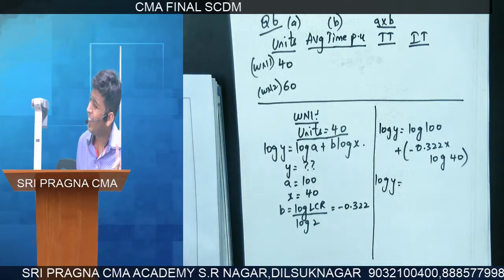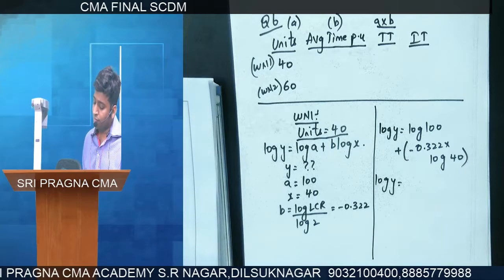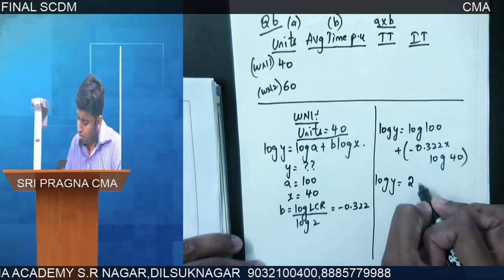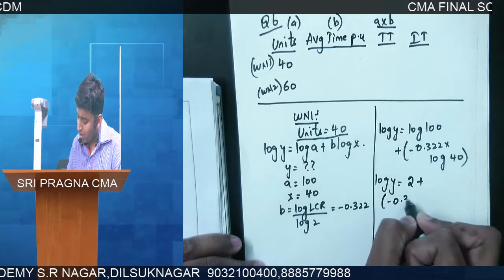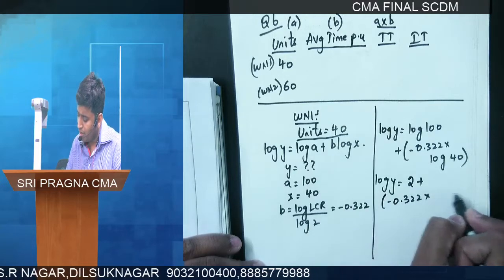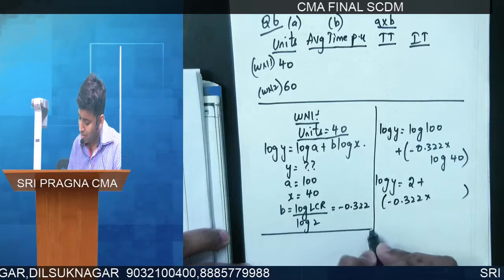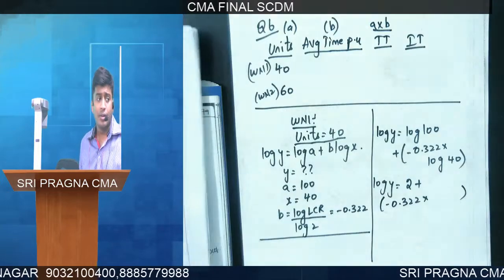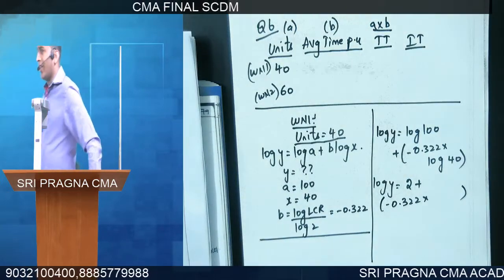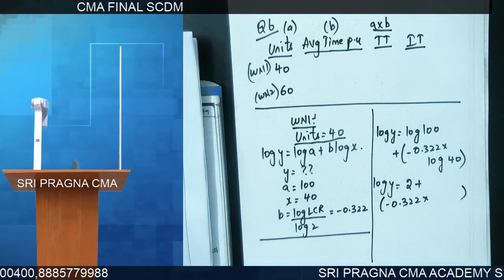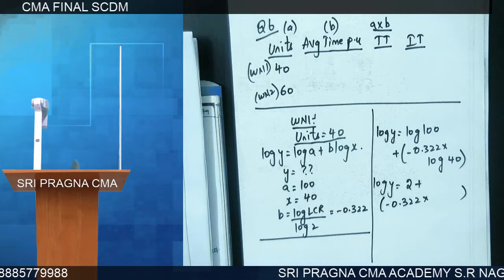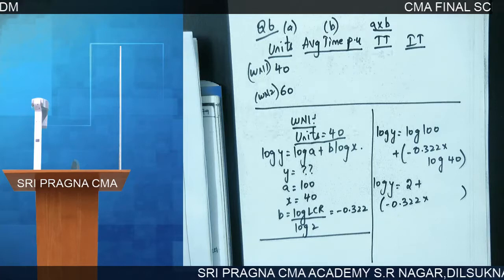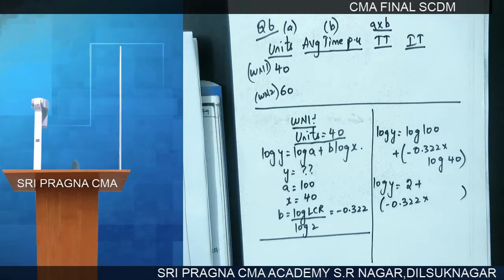We are not seeing the log table because in the examination the log table will not be given. So log y is equal to log 100 plus (-0.322) times log 40. Check whether log 40 is given in the question. Now do one thing: multiply something into something to get 40. 10 into 4.